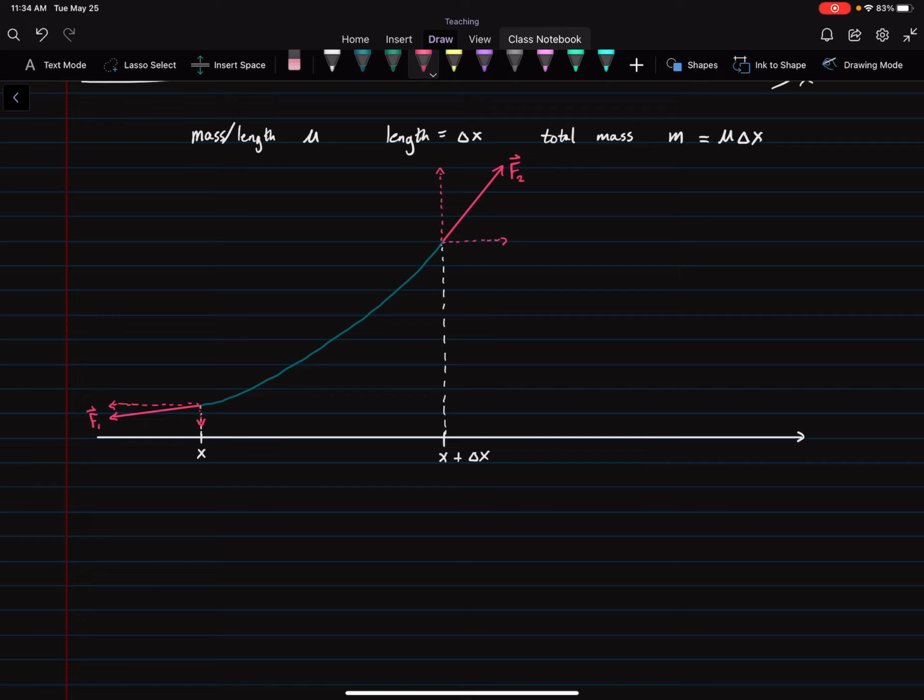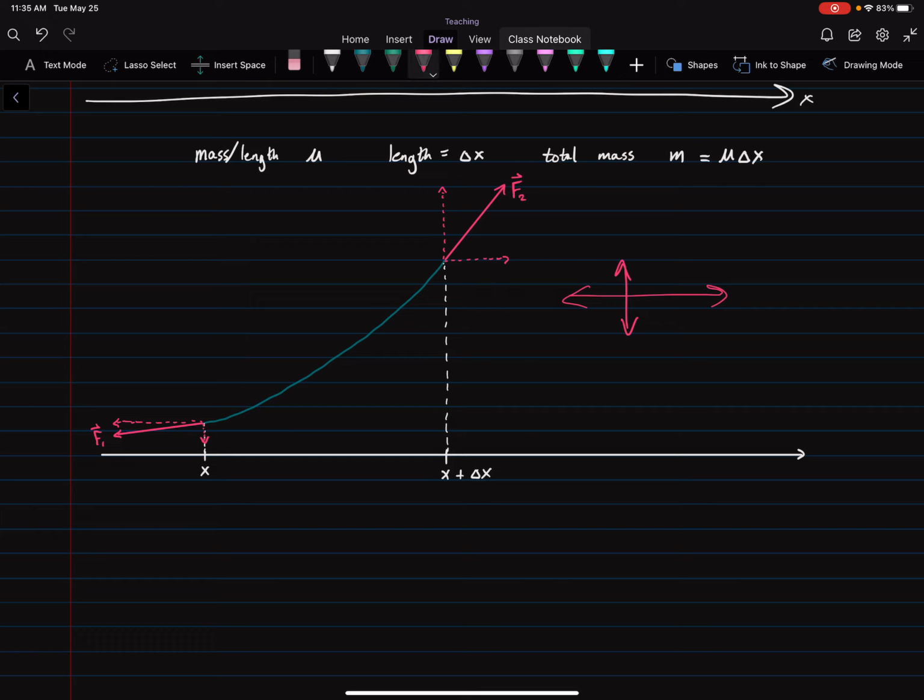That means that there can be a net vertical force one way or the other, but there cannot be a net horizontal force, because that would mean that particles are either moving to the right or moving to the left. But transverse waves, mechanical waves, they don't transport mass. They're not actually moving the particles forward or backward in any net displacement. They're just perturbing them from a position and then putting them right back vertically in a transverse wave.